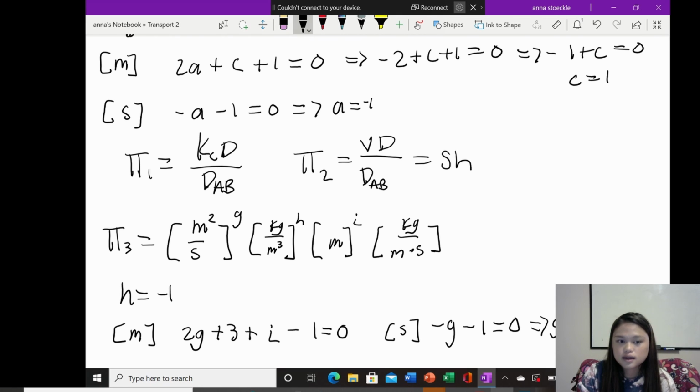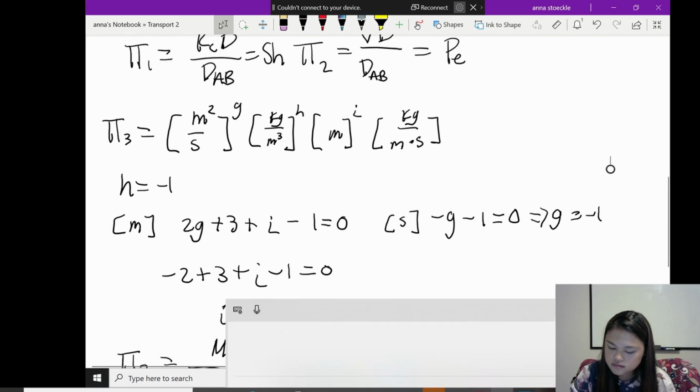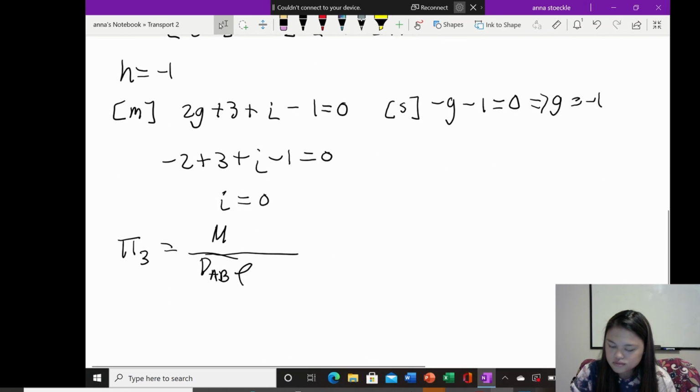And then looking at that second dimensionless group, the second one's going to be the Peclet number, the Pe. And then for the third one, it's going to be the Schmidt number.